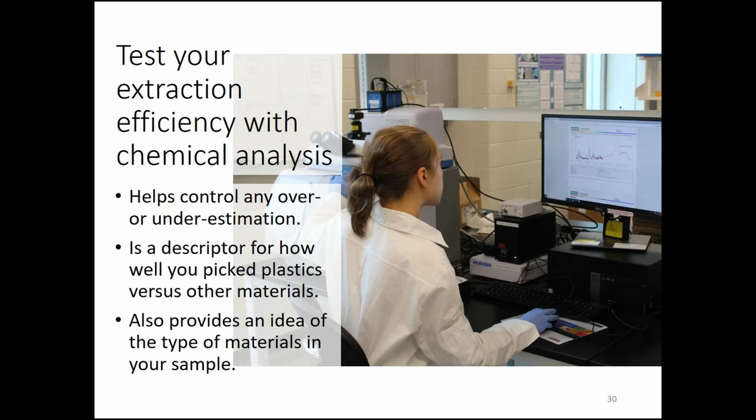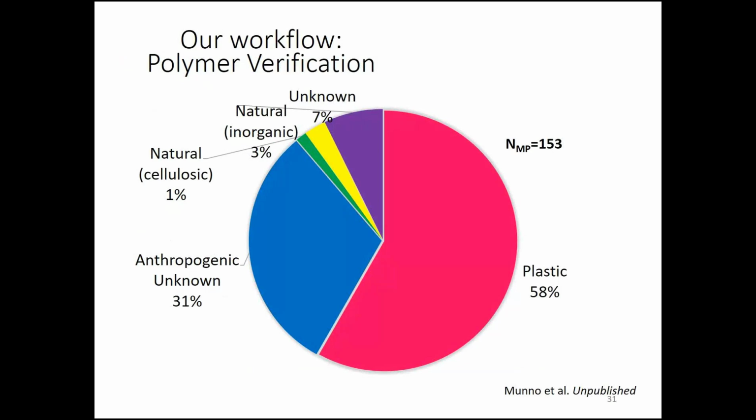So in this study we used Raman spectroscopy and FTIR. As I mentioned, we did use some pyrolysis GCMS for those black rubbery particles, just to have a good idea of what some of those were. So if you go to the next slide, you can just see what some of the data looks like.